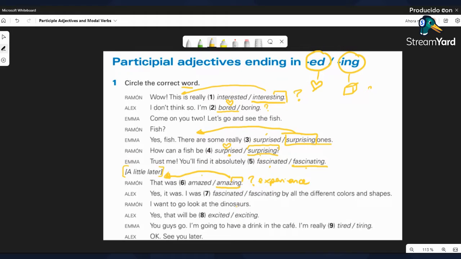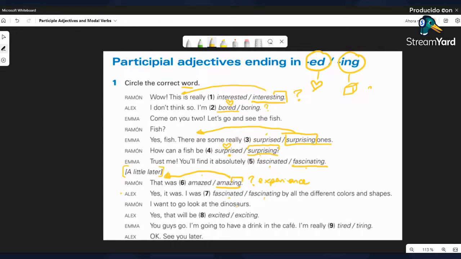And then we have Alex. Alex continues, yes, it was. I was fascinated or fascinating. Let me complete the whole sentence. Yes, it was. I was fascinated or fascinating by all the different colors and shapes.